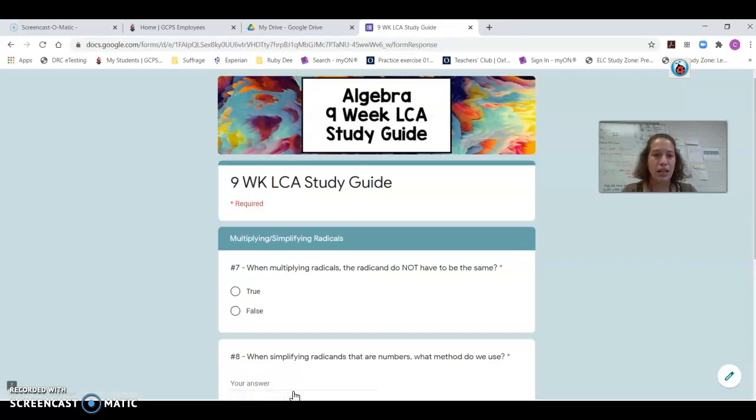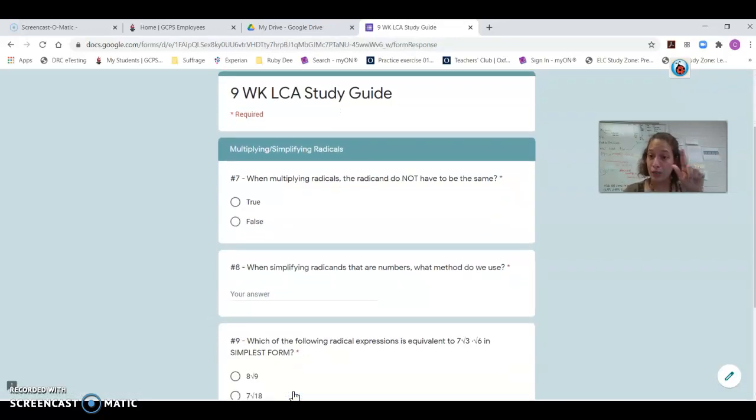Okay, then we started talking about square roots, radicals. Remember, when we multiply, the numbers on the inside do not have to be the same. So this is true. When you multiply, we don't care about the numbers on the inside. They can be whatever numbers you have, and just go ahead and multiply them. When you are simplifying a square root, which we call radicals, we use the cake method, or the birthday cake method.